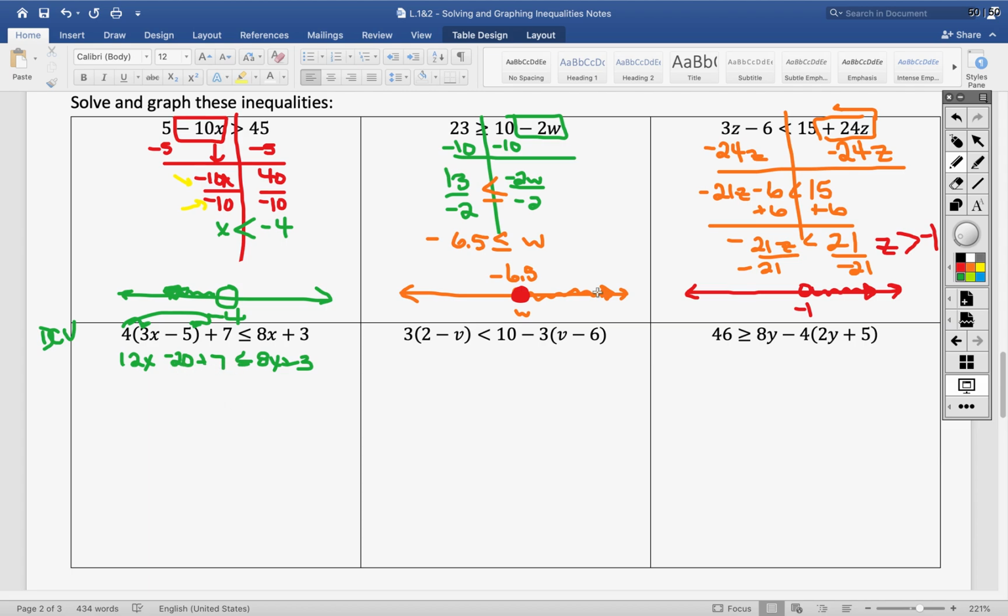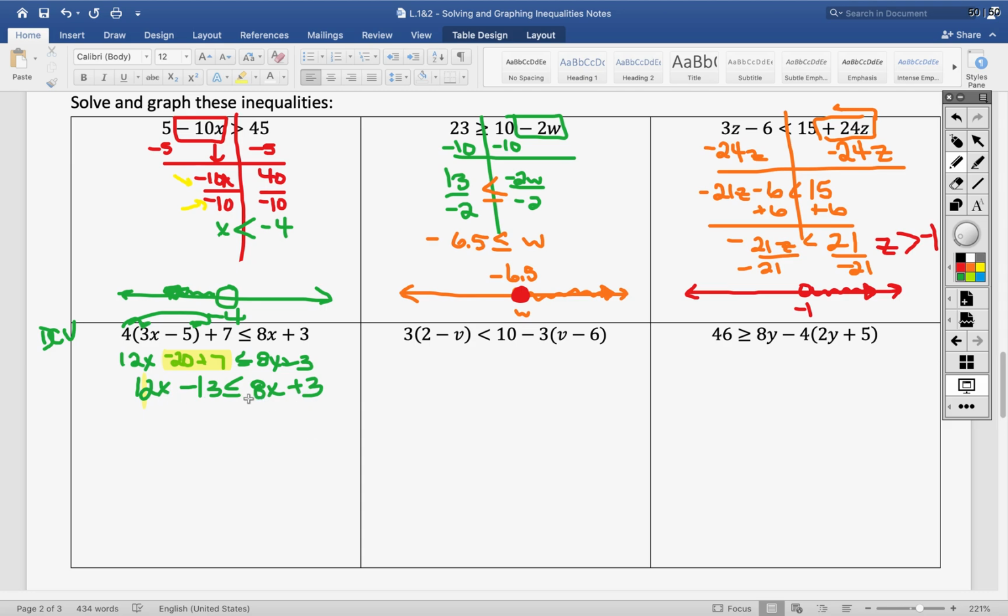Combine like terms. The only ones I can combine are the ones that are on the same side together, so I'm going to combine the -20 and the 7. So we have 12x minus 13 is less than or equal to 8x plus 3.